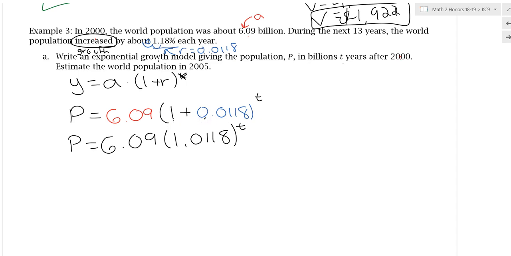Adding is really easy because you're just doing 1 plus whatever that decimal is. Subtracting, you need your calculator. The one thing students always want to do is then multiply these. You can't do this. This one has an exponent, this one doesn't. So this is our final answer. That's what it's going to look like, a times something to an exponent.